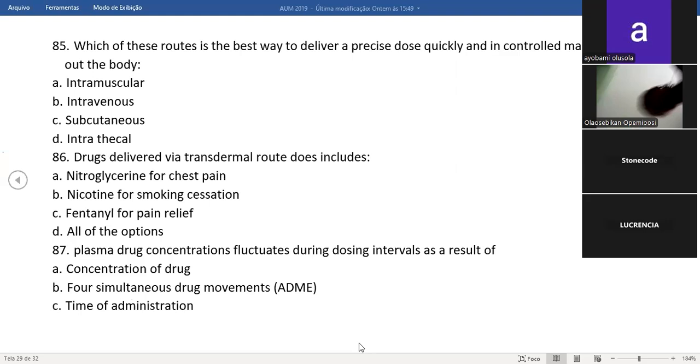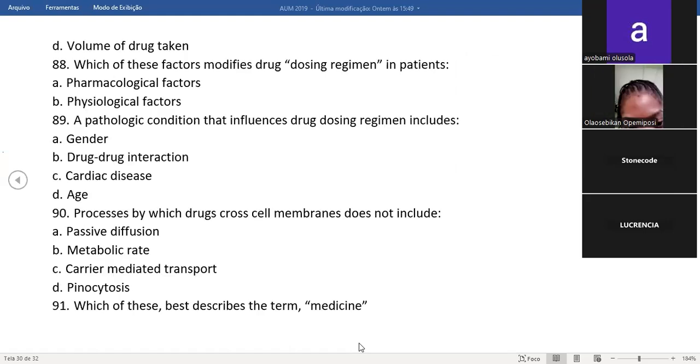Absorption, distribution, metabolism, and excretion. 89. A pathologic condition that influences drug dosing regimen includes cardiac disease. Pathology means disease.